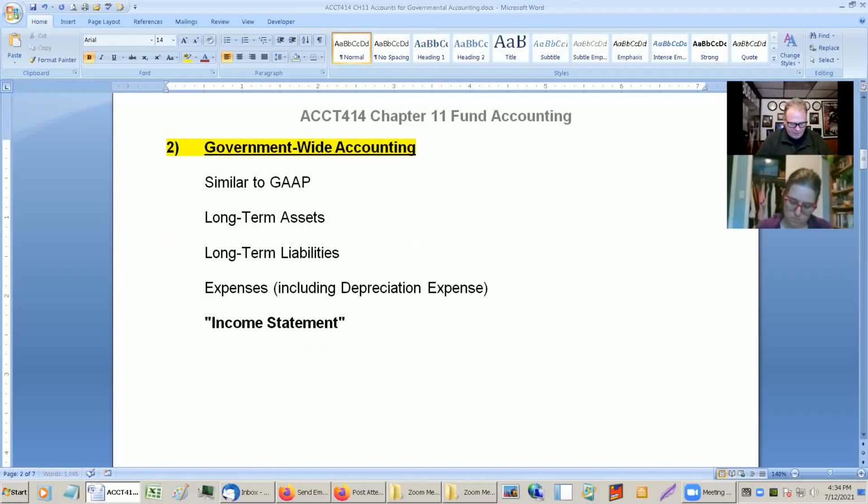Their statement really looks like this. They'll have the expenses, and then underneath they'll have the revenues.